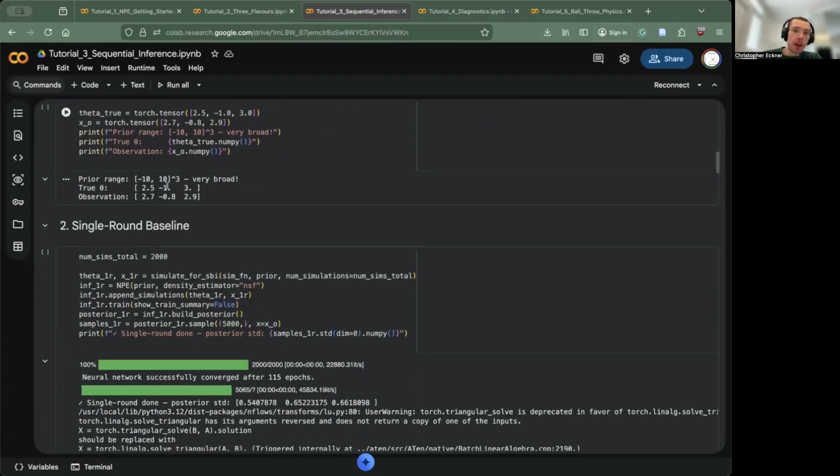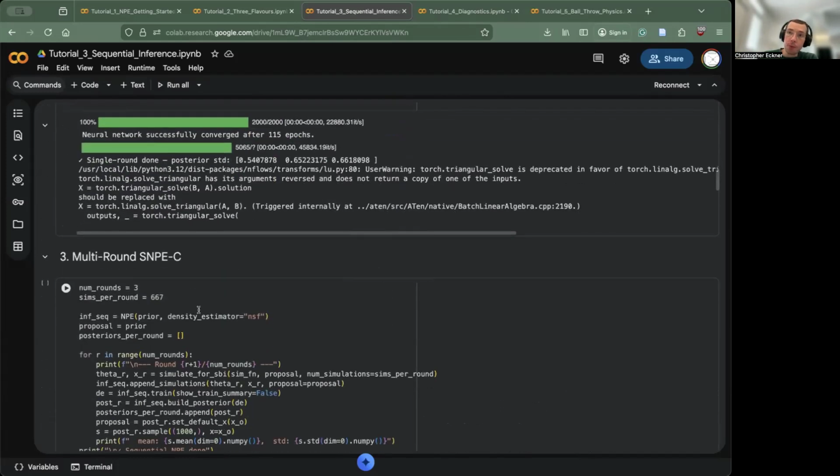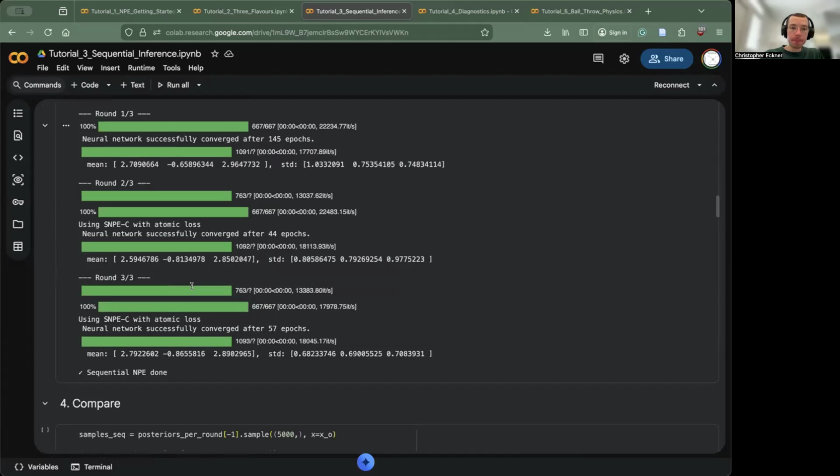How does it perform? Let's do it first in a single round, the training with 2000 simulations, and then also do a multi-round SNPE-C algorithm with the same number of simulations, but in 3 rounds, and see what the outcome might be.